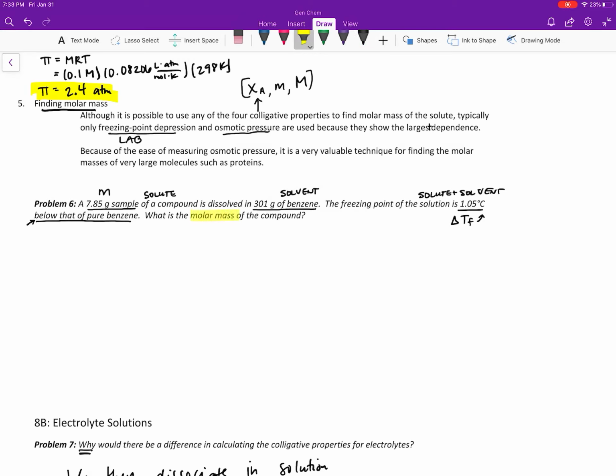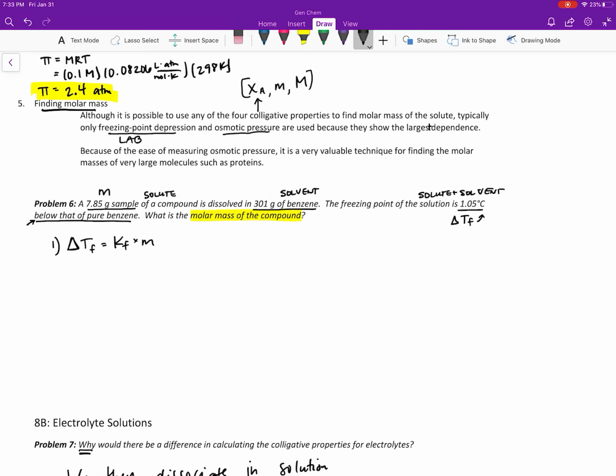Anytime you're asked the molar mass of a compound, at least in this chapter, we're going to follow the following steps. First, we're going to write down our formula, which is that the delta T freezing, not final but freezing, is equal to the freezing point constant times the molality.